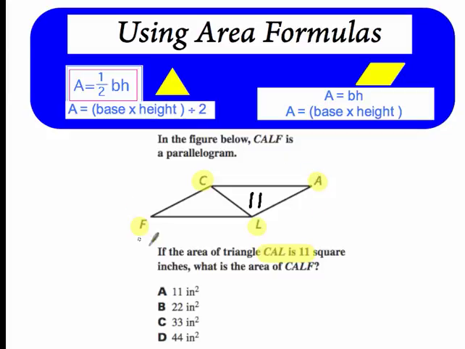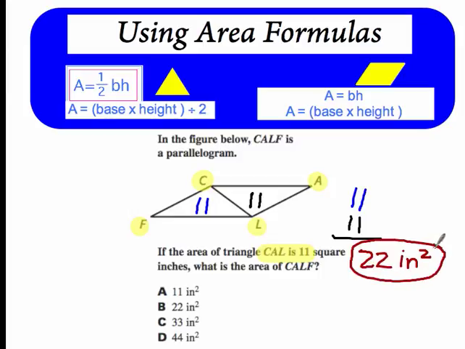We need to find out what the whole thing is. Well, if that's 11, then what is CFL going to be also? It's going to be 11 as well. So, to figure out the area of the entire parallelogram, we're going to do 11 and 11, or 11 times 2, and we'll get 22 inches squared. And that's how we used what we know about triangles and parallelograms to figure out the area.